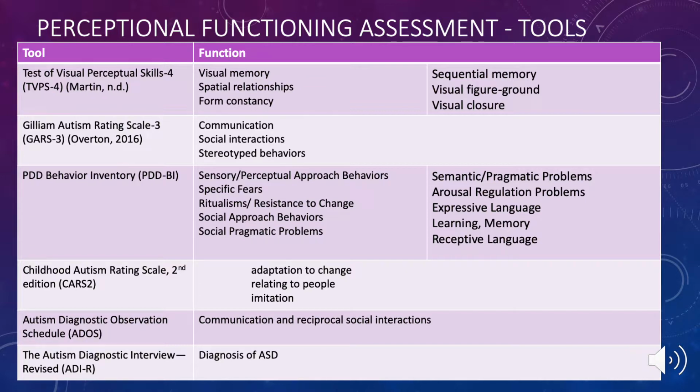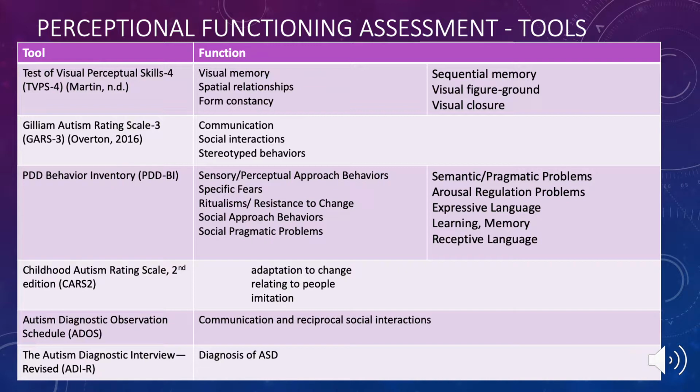That's for visual perception. The Gilliam Autism Rating Scale tests communications, and it's perceiving language. Stereotyped behaviors, the PDD behavioral inventory, sensory and perceptual approach behaviors, specific fears and ritualisms. Ritualisms are really, really common in people with autism.